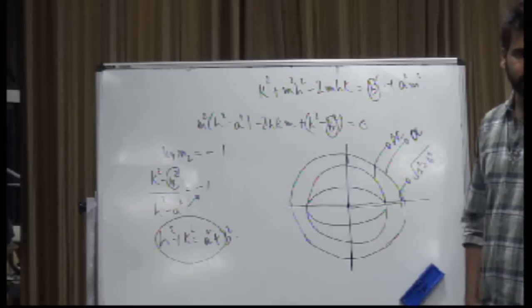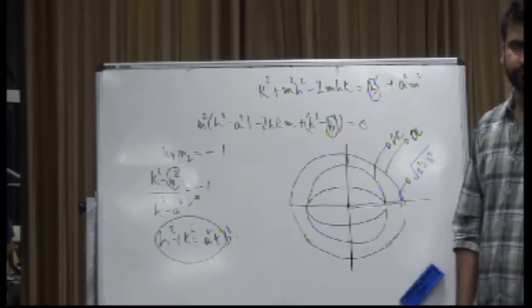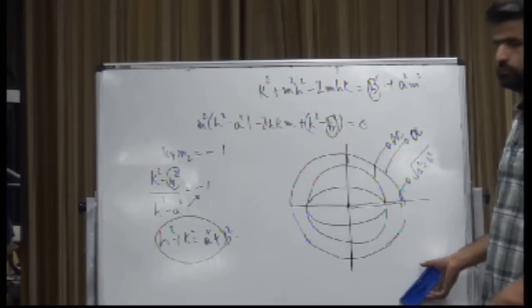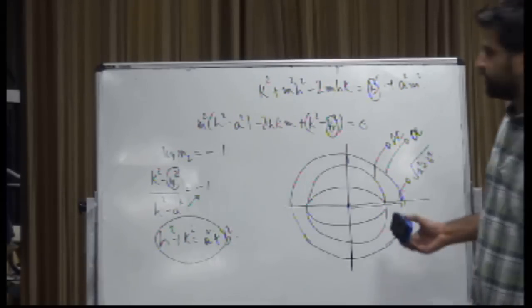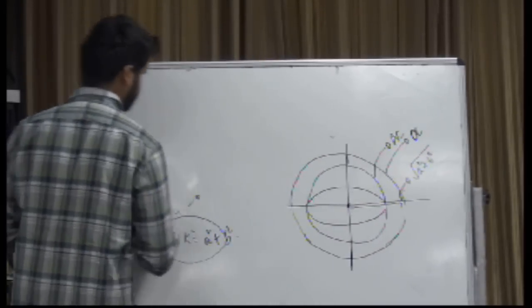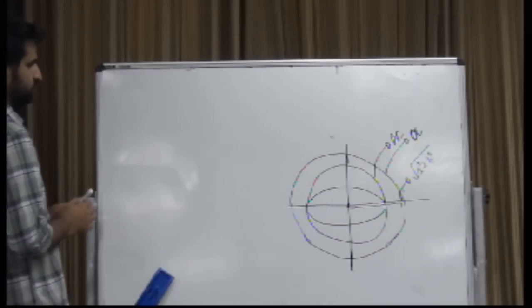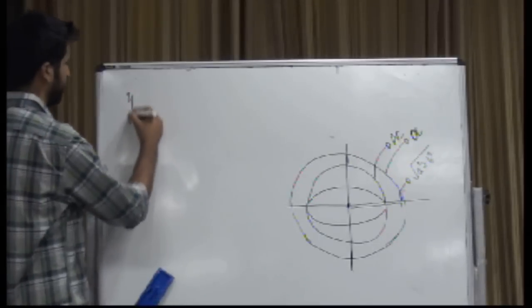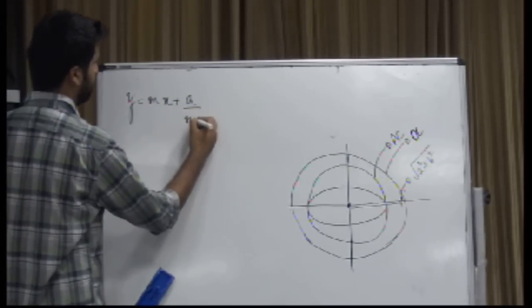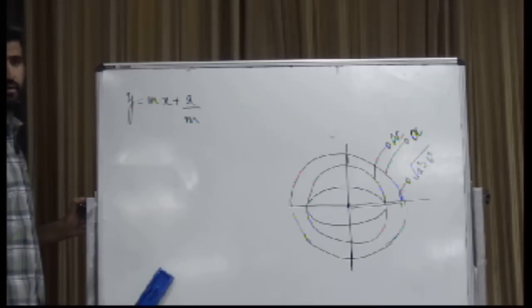What will be the director circle of a parabola? Can you try to find it out? You have the equation y is equal to mx plus a by m. So in the case of parabola, you have y is equal to mx plus a upon m, right?